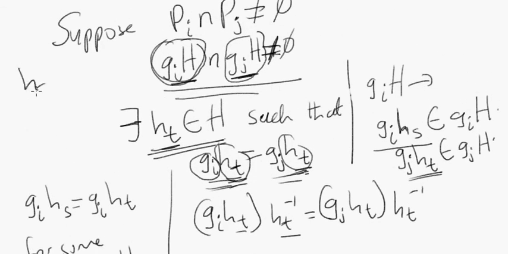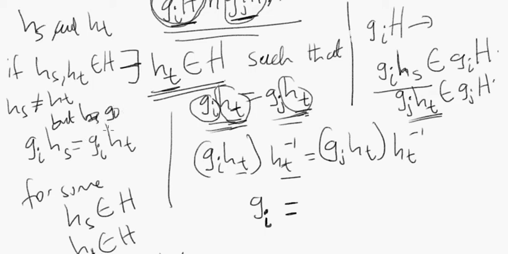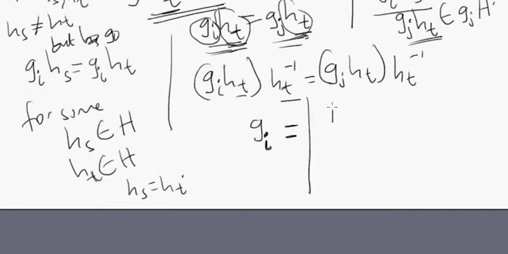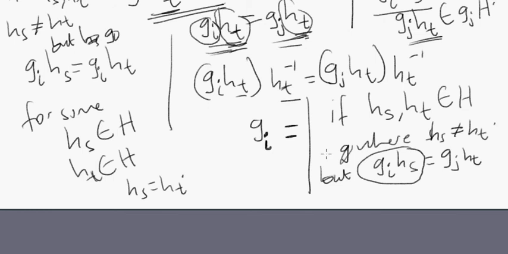Okay, so how do we say this? Well, what we're saying is, if we could find some HS and HT elements of H where HS does not equal HT, but GI HS equals GJ HT, it would still mean that this element, whatever it is, is in the intersection of the cosets GIH and GJH, right?